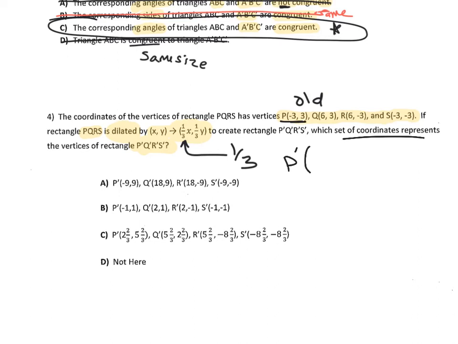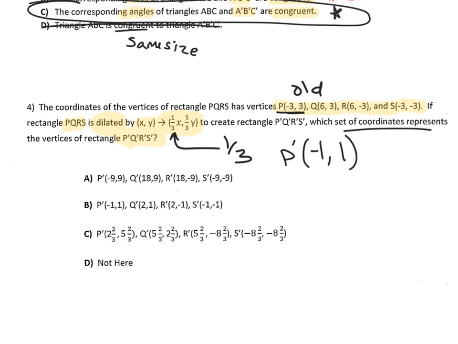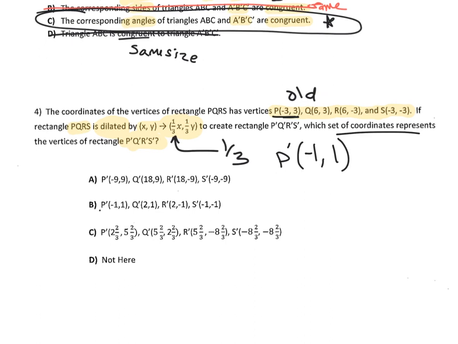So -3 times 1/3 should be -1, and then +3 times 1/3 should be +1. Okay, so the new P should be (-1, 1), and really there's only one answer choice that tells us that. If there were 2, we could go ahead and try Q and multiply each of those numbers by 1/3.